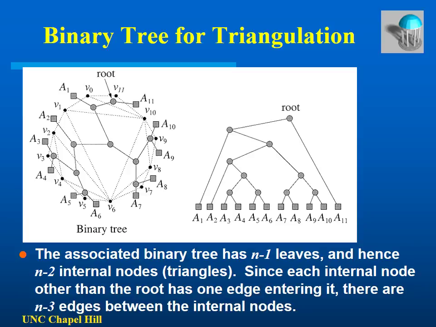Now consider the one non-polygon edge node of this root. It corresponds, in this example, to the triangle V0, V1, V10.